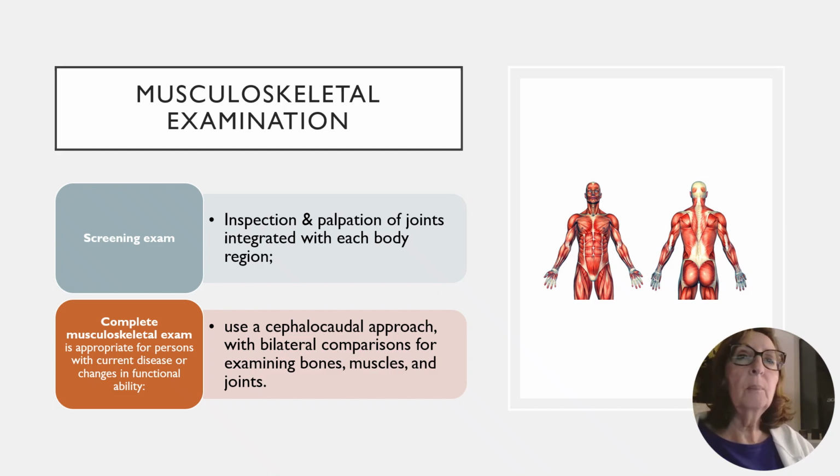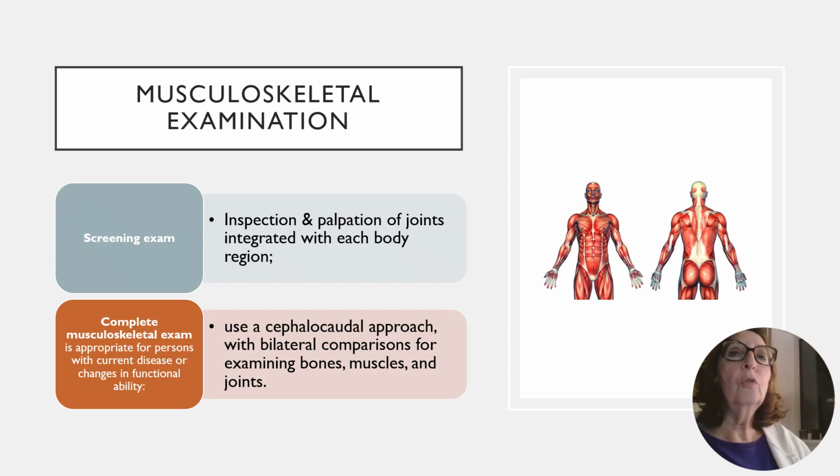You're going to do a complete musculoskeletal exam if the patient has some kind of a disease related to the musculoskeletal system, or if they have had any changes in their functional ability.